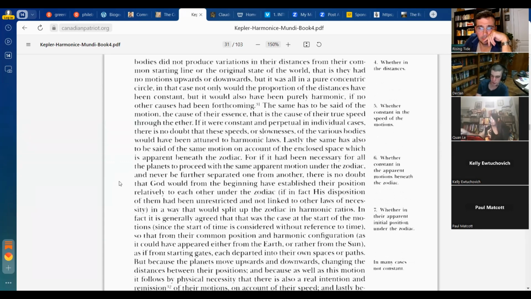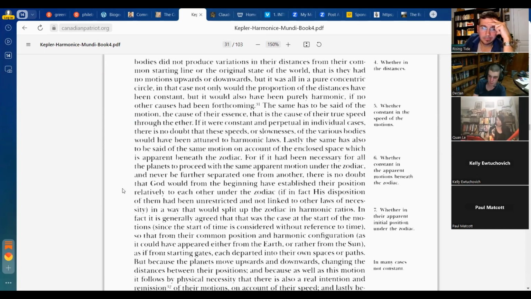In fact, it is generally agreed that was the case at the start of the motions, since the start of time is considered without reference to time, so that from their common position and harmonic configuration, as it could have appeared either from Earth or rather from the Sun, as if in front of starting gates, each departed into their own spaces or paths.